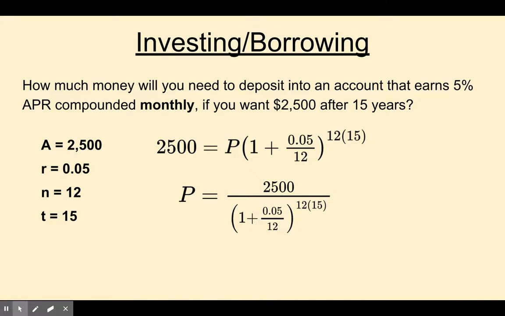Then I type this in, and I'll get 1,182.76. So if I want 2,500 in 15 years at 5% monthly, then I need to put in $1,182, and again, decimal 76 cents.